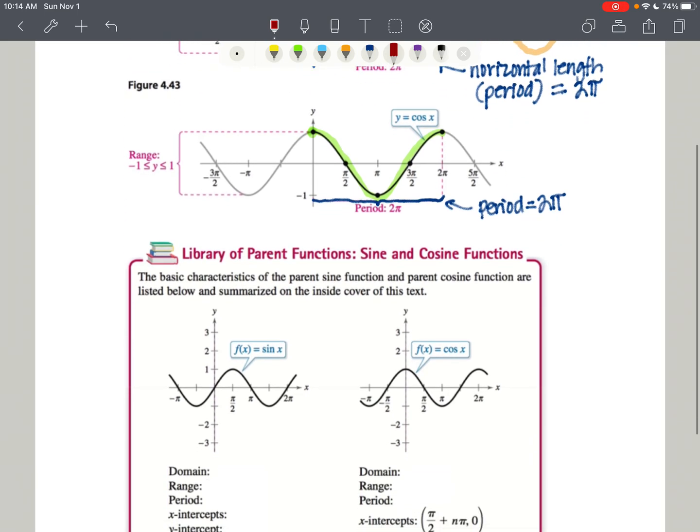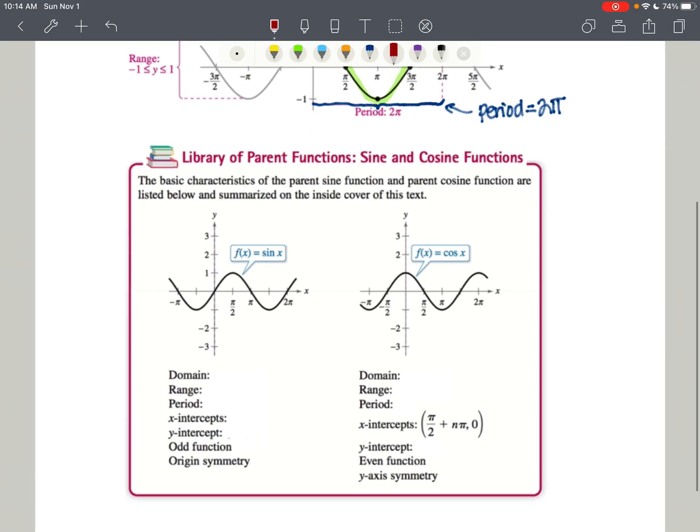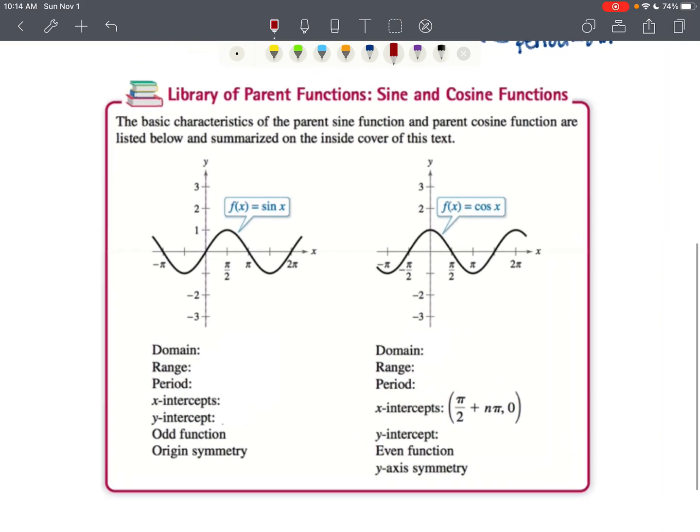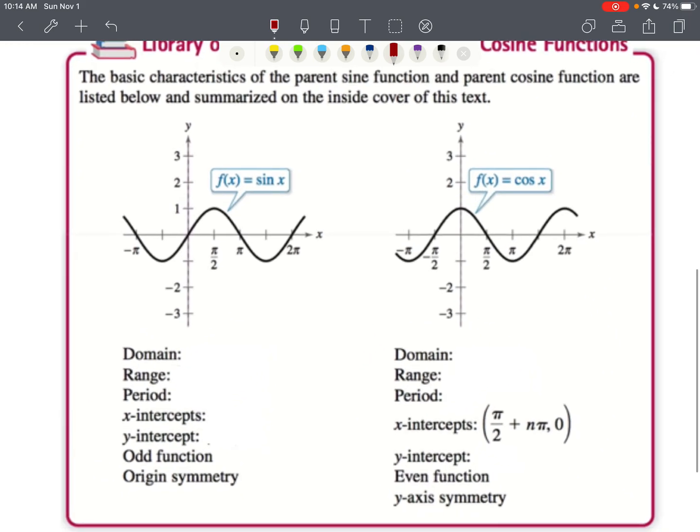And here's basic characteristics of the parent functions for both the sine and the cosine curve. The domain is negative infinity to positive infinity. So this graph goes to the left forever and it goes to the right forever.